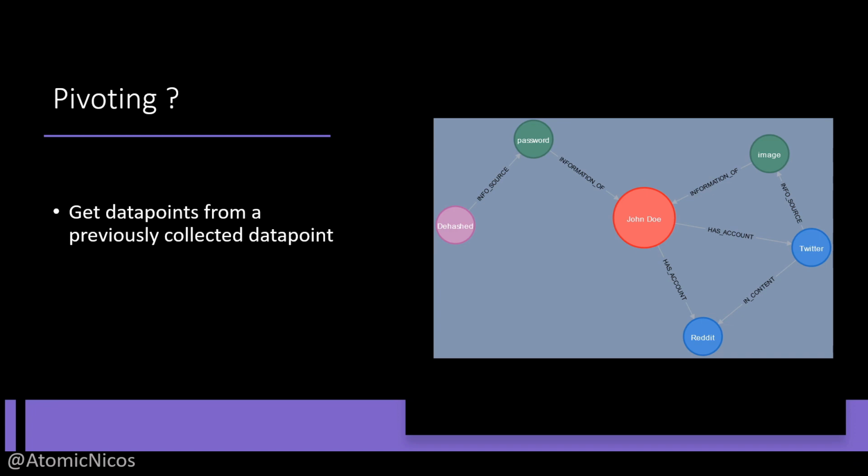Another source of information could be dehashed, that's a website. It could be a source of a password for John Doe, for example, or an email address of John Doe. Perfectly valid pivot. All you basically do by pivoting is making your data set bigger. That's basically it.